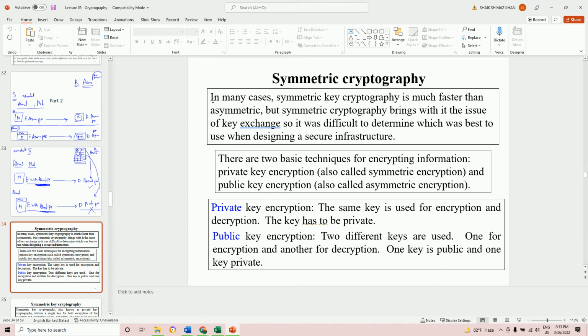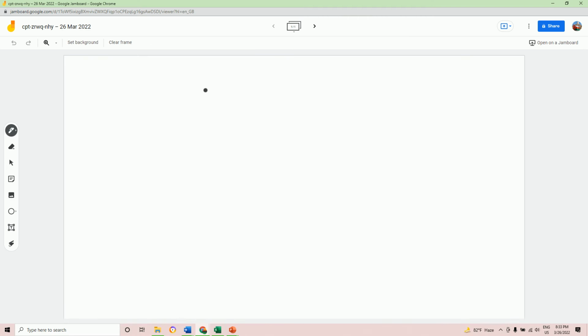if you take the cryptography, the encryption and decryption technique, it is classified into two types.